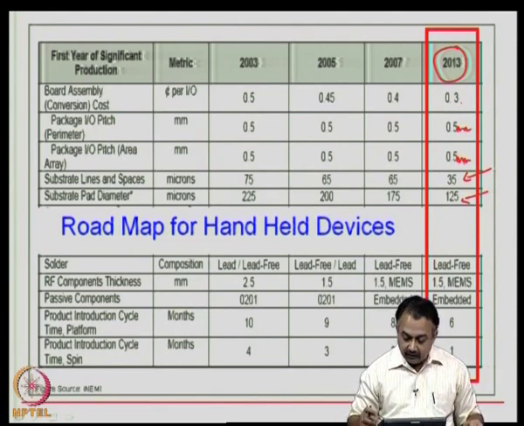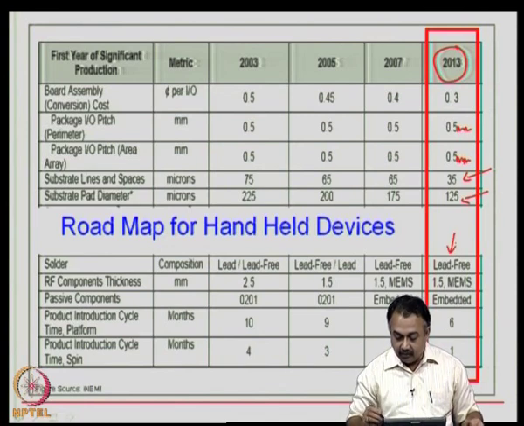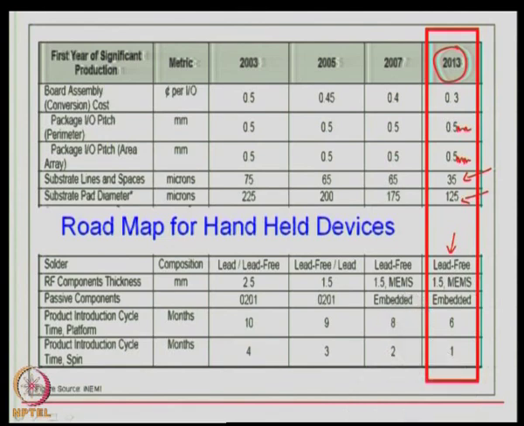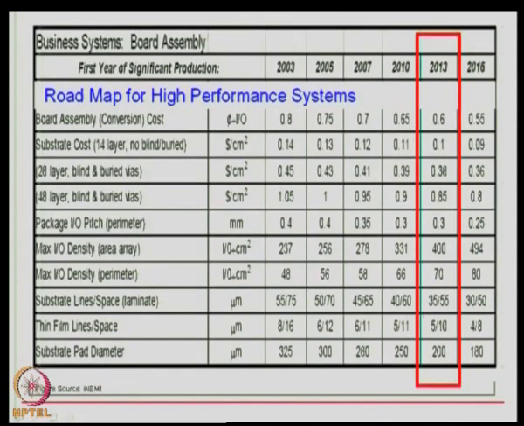In terms of solder, you have to work with lead free materials, no more lead. RF component thickness 1.5 mm. So, the profile of the package is very low. Passive components have to be embedded, and again there are demands for turnaround time for manufacturing. If you look at the roadmap for high performance systems, again right from 2005 to 2015, you can see the progress or the directions with which the industry is progressing.